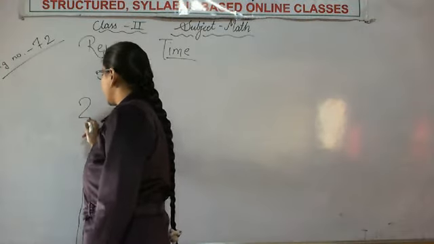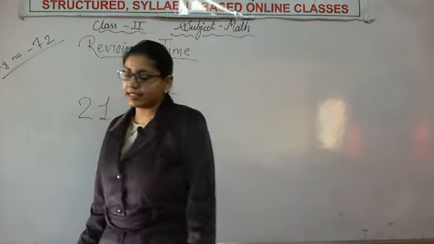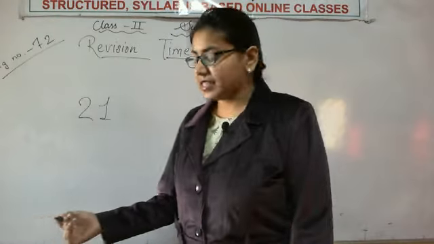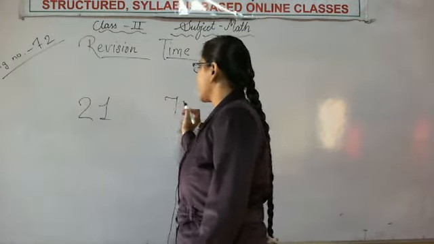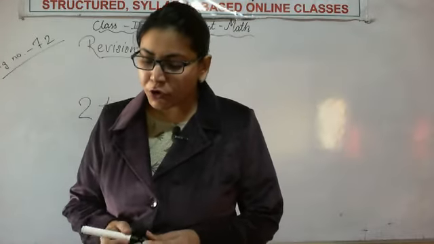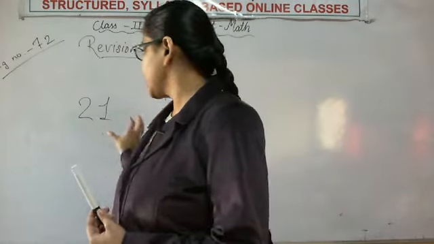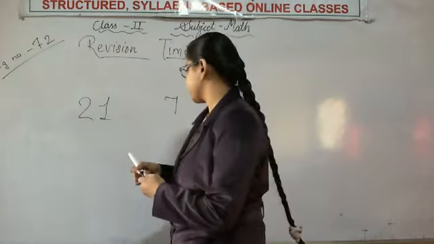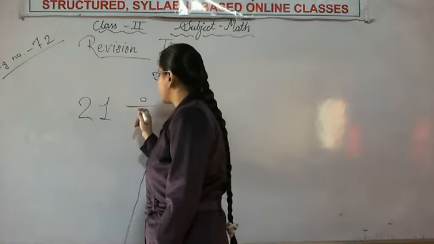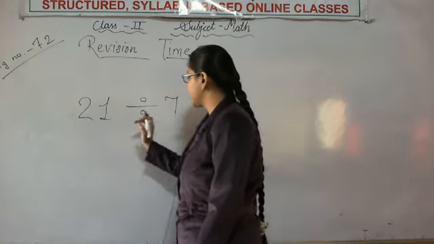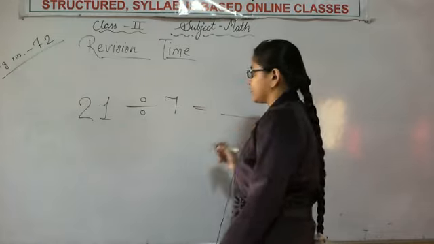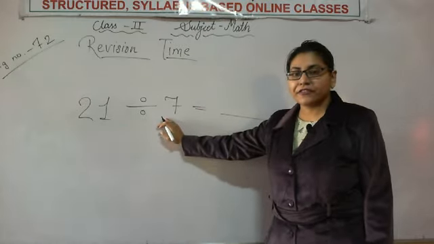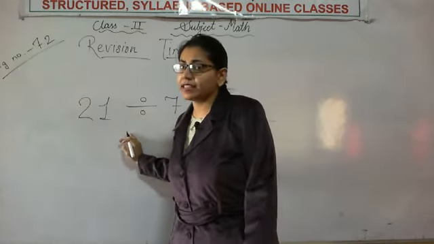There are total 21 chocolates and 7 friends. And he wants to distribute all the chocolates among his friends equally. So simply we will divide 21 by 7.